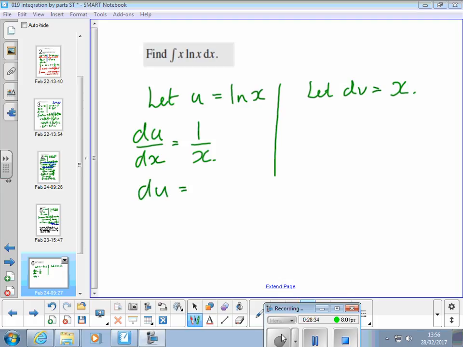So du is equal to dx over x, and we want v, which is x squared over 2.